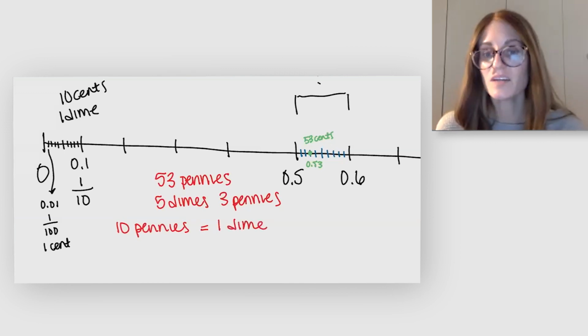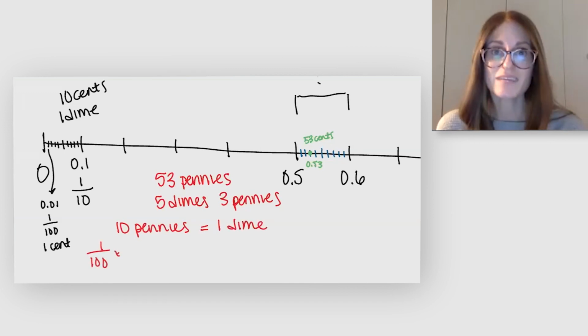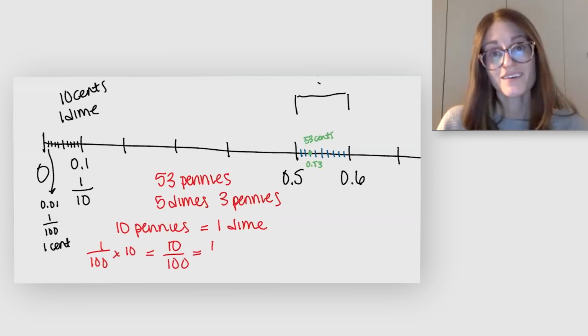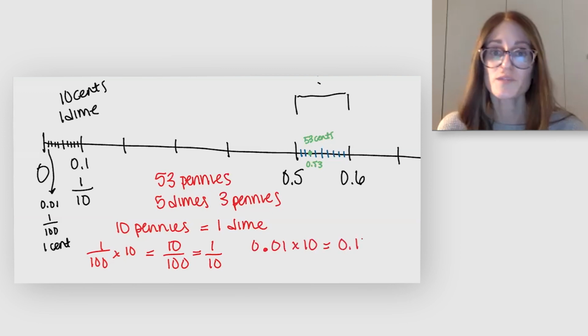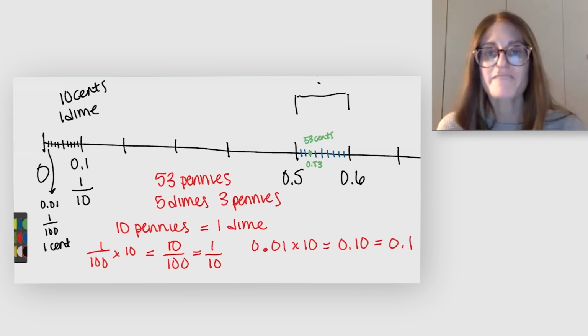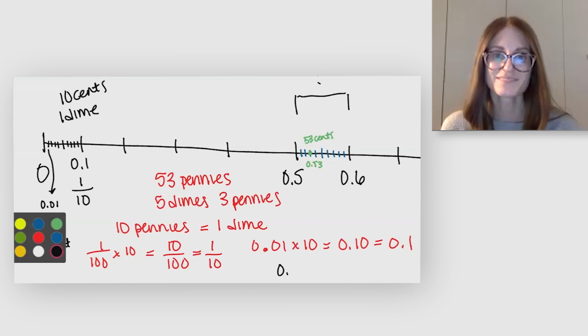And when we have 10 100ths, that's the same as having 1/10. So 10 hundredths is equal to 1/10. Just like I can think of amounts of money in terms of different groups of coins, I can think of decimals in terms of different place values. 0.53 can be thought of as 53 hundredths or as 5/10 and 3/100ths.